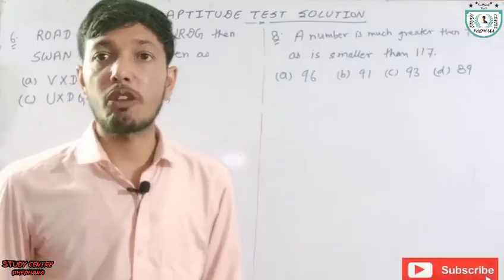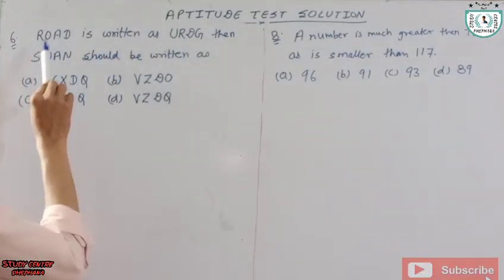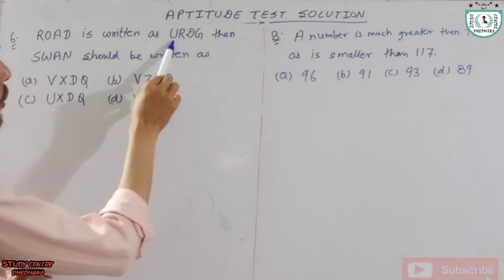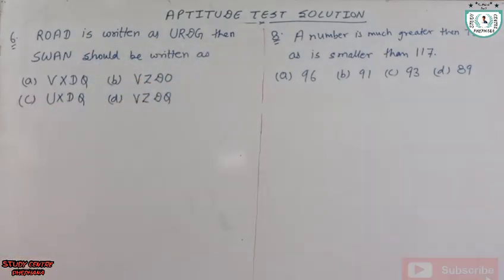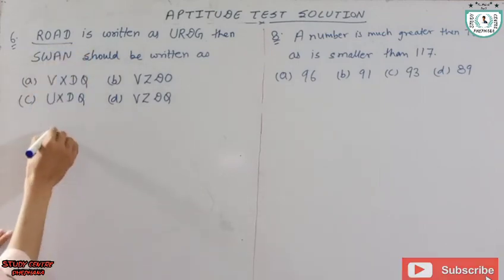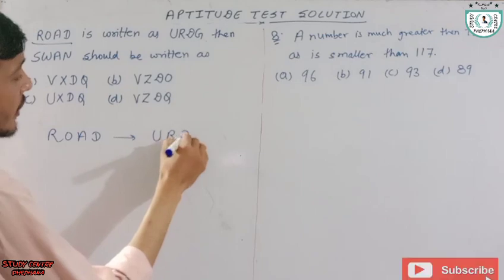Okay, now we have the next question. In the next question we have: ROAD is written as URDG, then how should SWAN be written? ROAD is written as URDG.